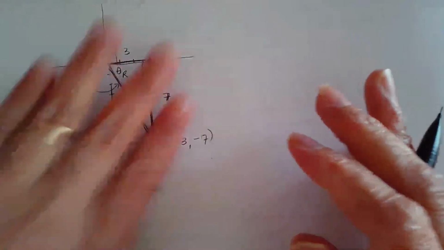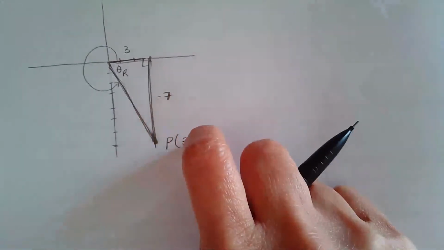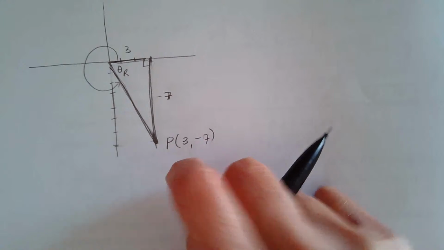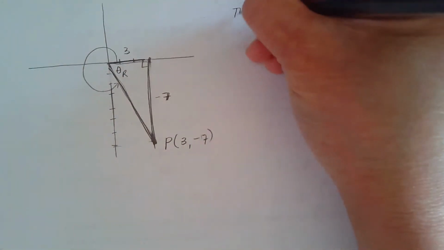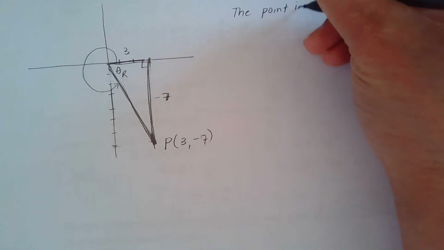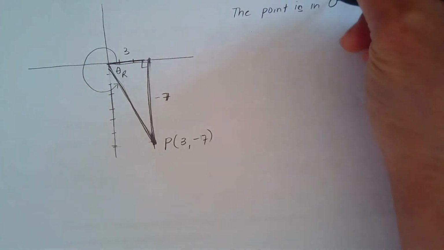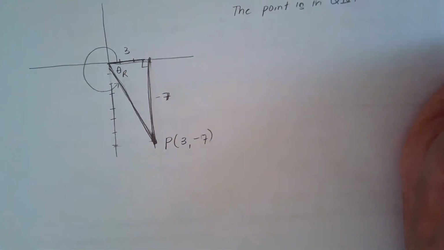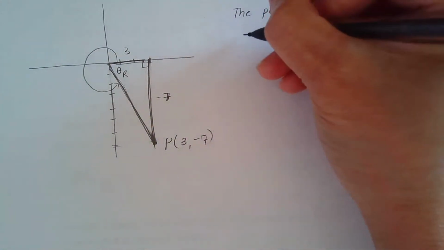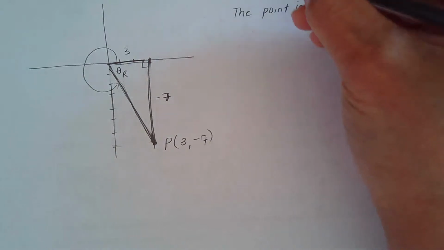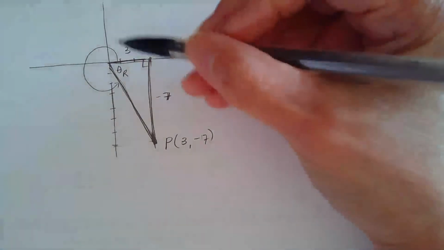So what can we do? We know that this point ends in quadrant number 4. So the point is in quadrant 4. What we're going to do is figure out the angle first.